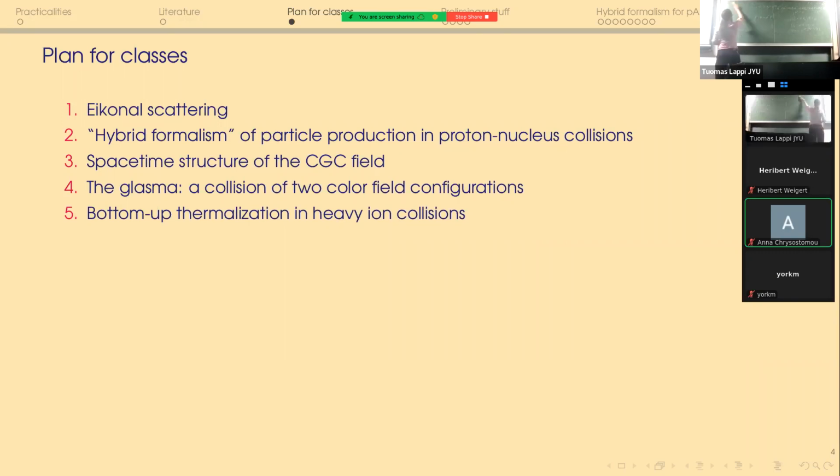Leave this here. So okay, now let's ask the next thing, which is: what happens if we have color in our eikonal scattering problem?